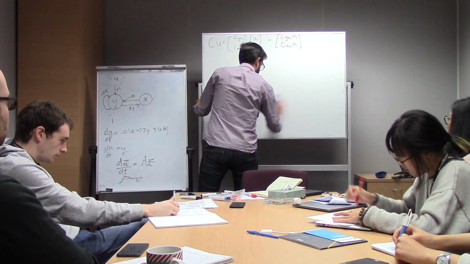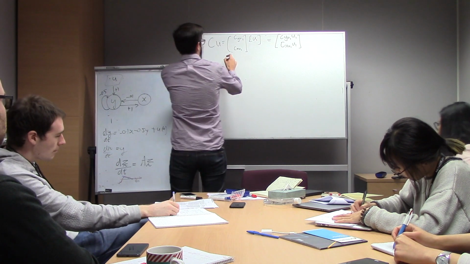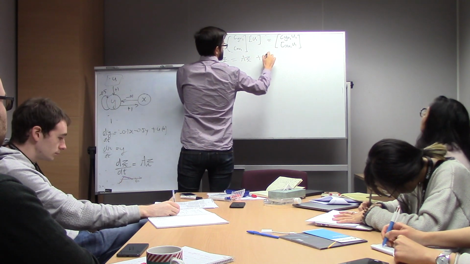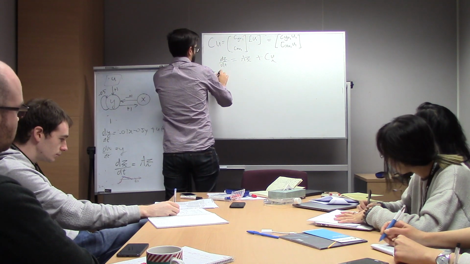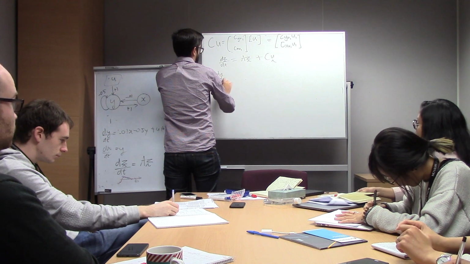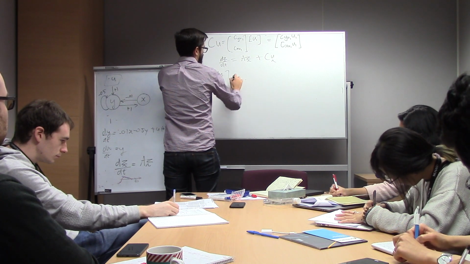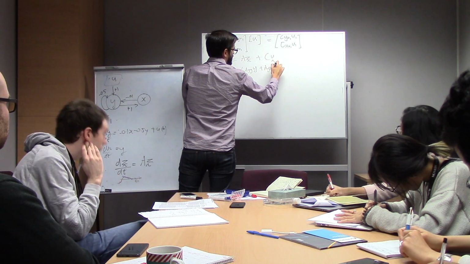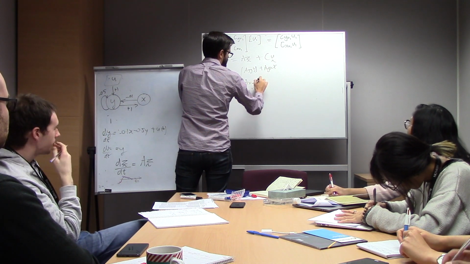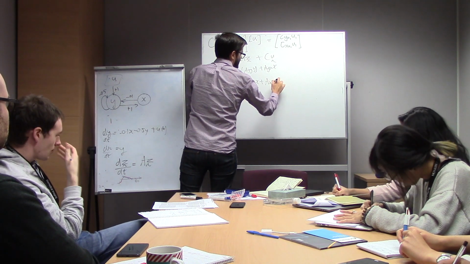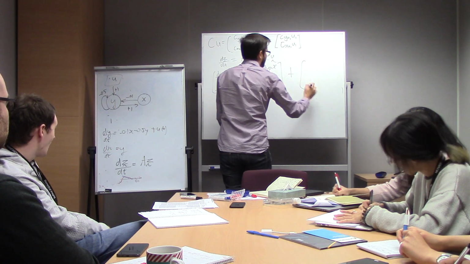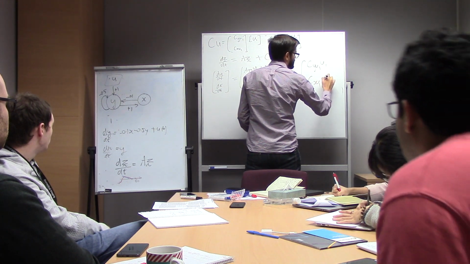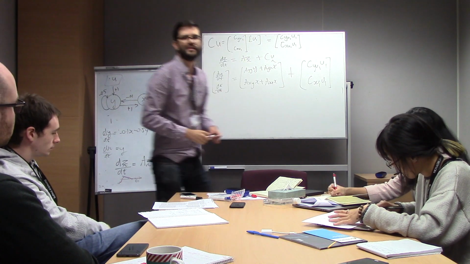If we do dz/dt equals A times z plus C u, it equals the following: dy/dt, dx/dt equals AYY times y plus AYX times x, AXY times y plus AXX times x, plus CYU1 times u1, CXU1 times u1.